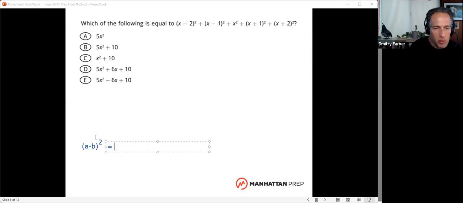But the idea is when you multiply it out, you'll have a times a, and a times negative b, and negative b times a, and then negative b times negative b, so you'll get a positive term there. So you end up with something that looks like this.